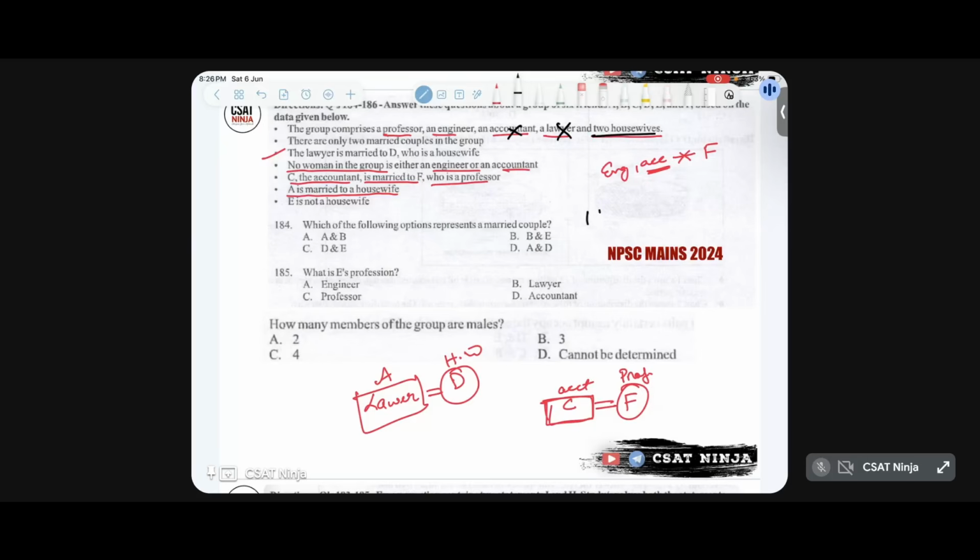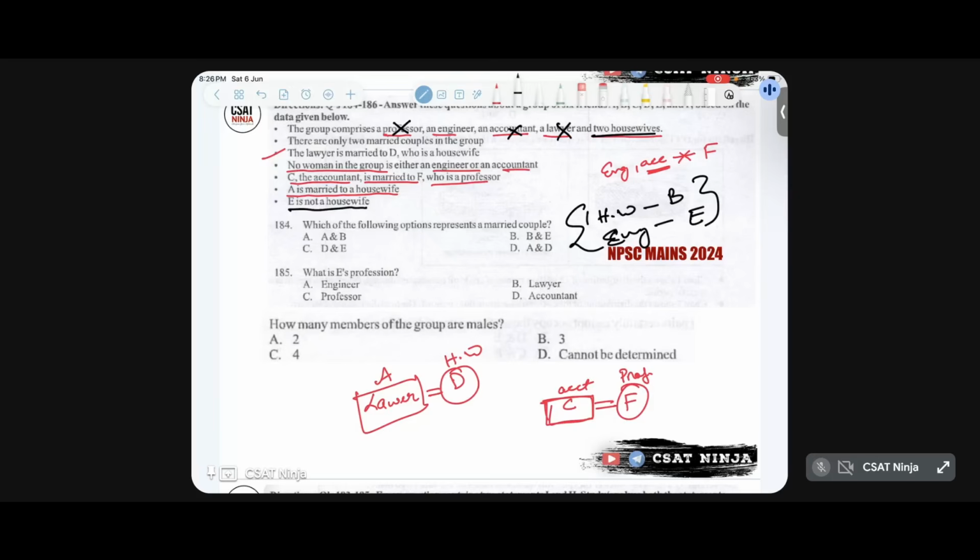That means one housewife is left, and the professor is filled, and one engineer is left. So we have only two options, and E is not a housewife. If E does not belong here, E has to be an engineer there. And who is left? Now B is left there. So we have this one. This is the only data that is given.